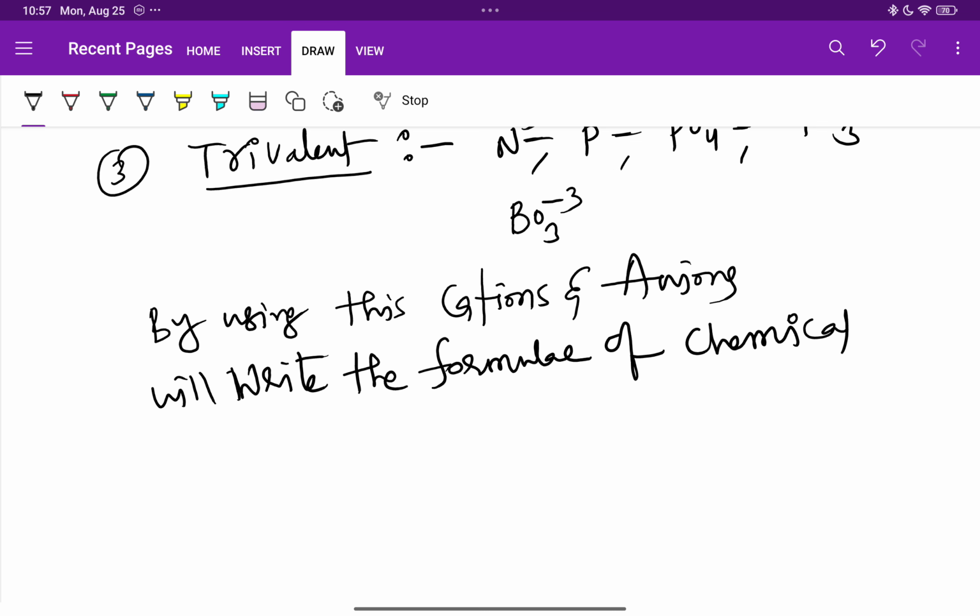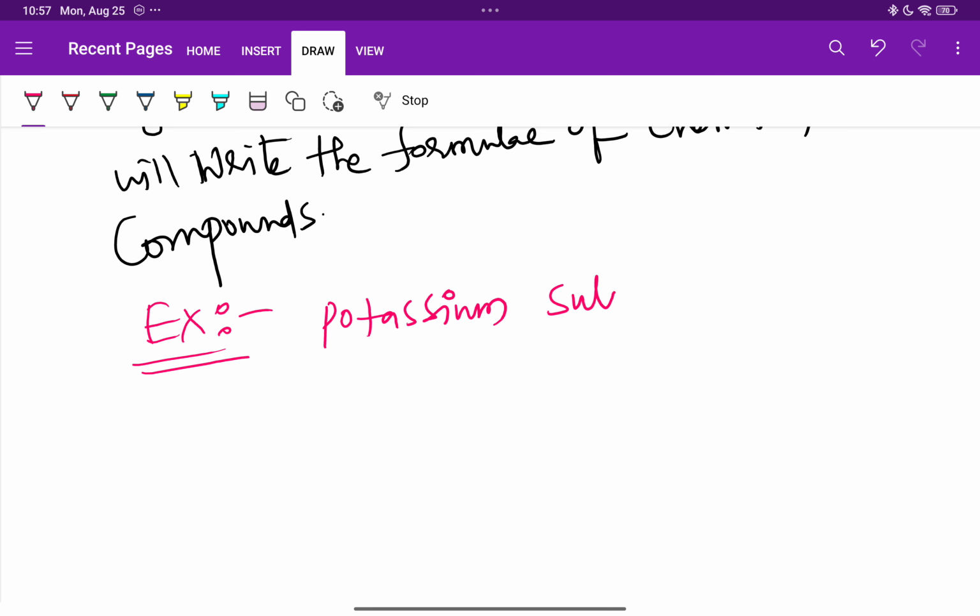First one, potassium sulfate. They will give you a chemical compound like this in the exam, so you have to divide the name into two halves. Generally the first half is cation, so you need to remember potassium means K plus 1 and sulfate SO4 minus 2.